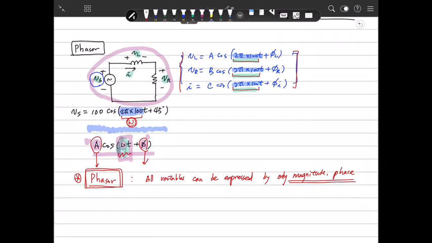The phasor can be applied only to AC circuits, because all variables are sinusoidal. Why? Because the frequency is common.